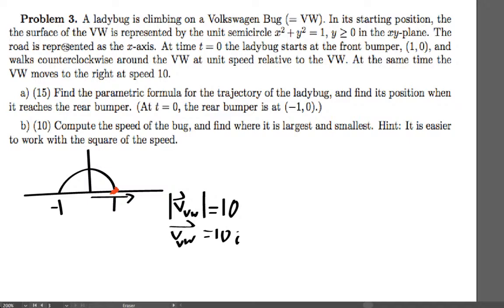So when t is pi, it would reach the end. So the point will be at (-1, 0).